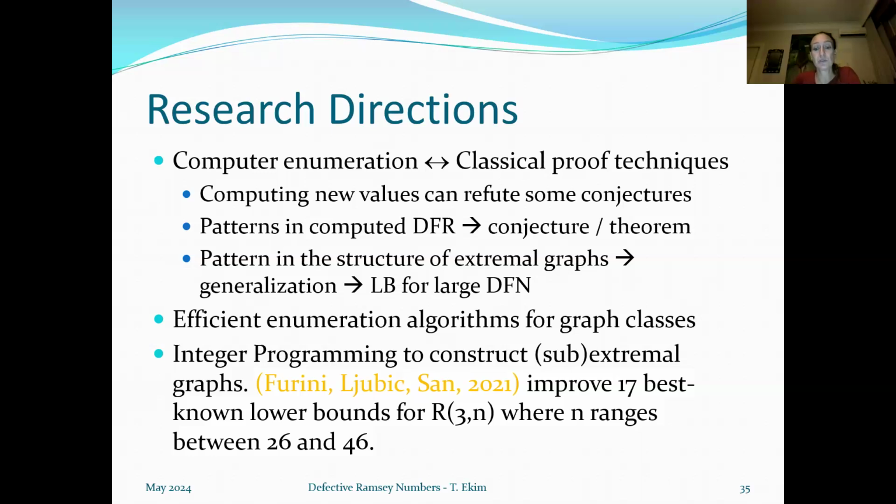Recently, it has been used for improving the best known lower bounds for classical Ramsey numbers, and we also use this for triangle-free graphs. If you want to use it for graph classes, it depends very much on the graph class whether you can formulate the recognition problem as a set of linear equations or not. It's a little tricky, but I think there is a lot to discover in this direction as well.